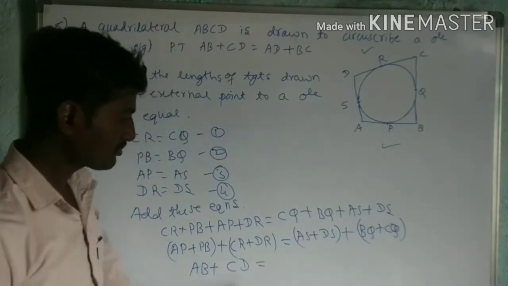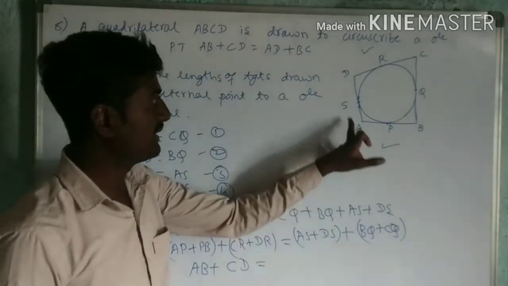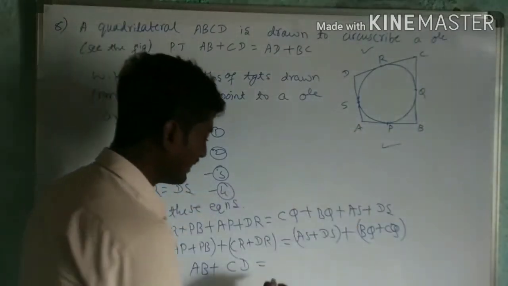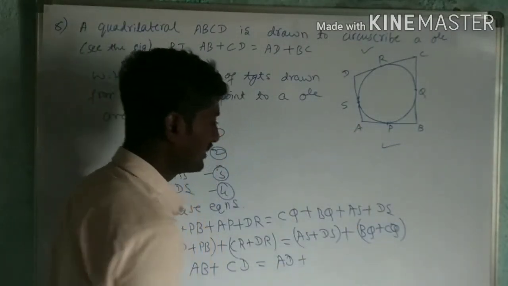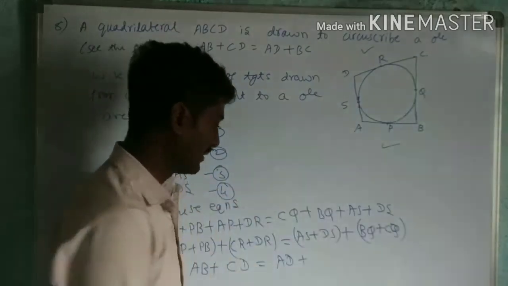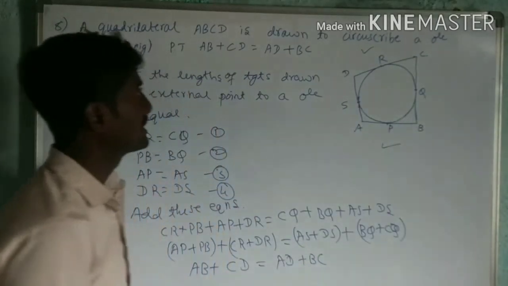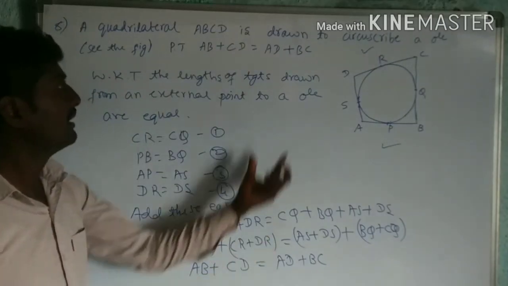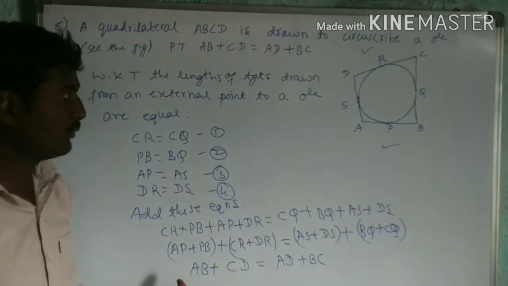That is equal to AS plus DS, which is AD, plus BQ plus CQ, that is BC. And we have proved this: AB plus CD is equal to AD plus BC. This is how we can prove this.